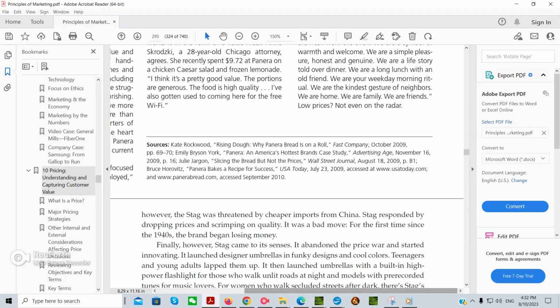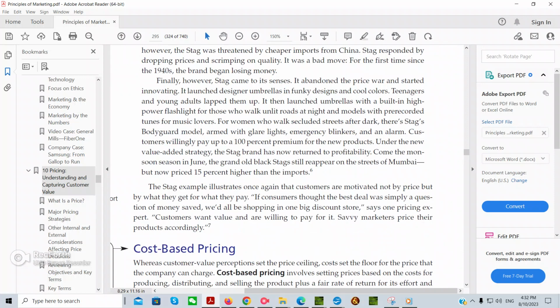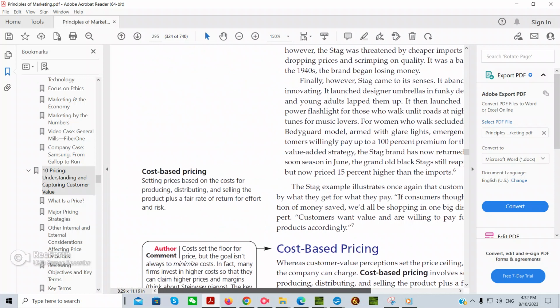Okay, let's move on. Let's talk about cost-based pricing. Cost-based pricing is setting prices based on the cost of producing, distributing, and selling the product, plus a fair rate of return for effort and risk.